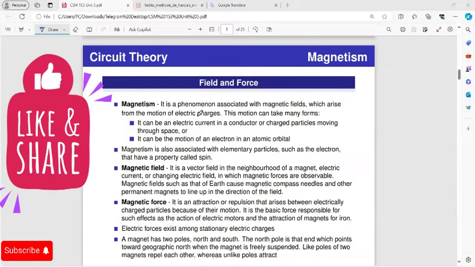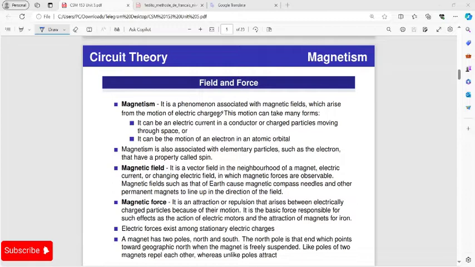Let's take the definition back. From what the definition is saying, we get magnetic field from the motion of electric charges. Anytime electric charges move or are displaced from one place to the other, when there's a motion in electric charges, we get what we call magnetic field.